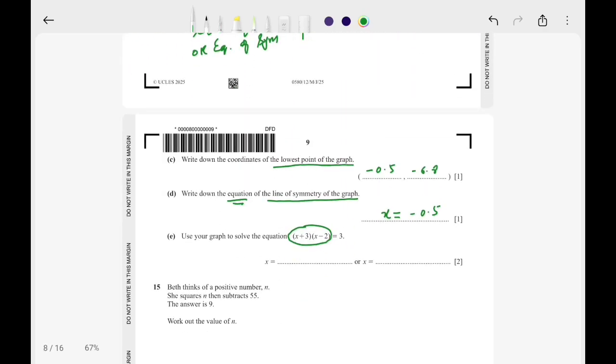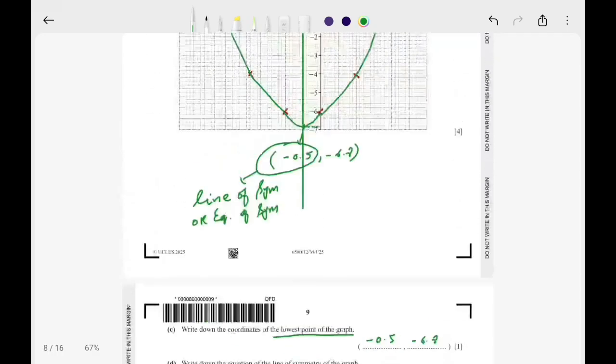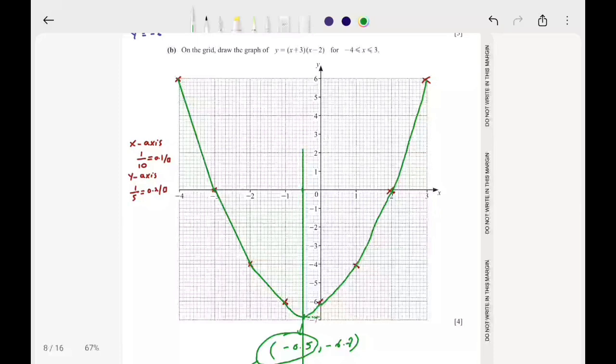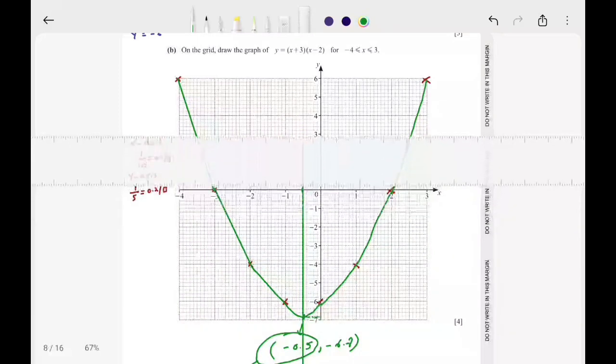This is the original equation. Students, if you compare this with this one, both are the same. So in place of this we can write y is equal to 3, and we have to draw a horizontal line, and we have to take help of a scale.